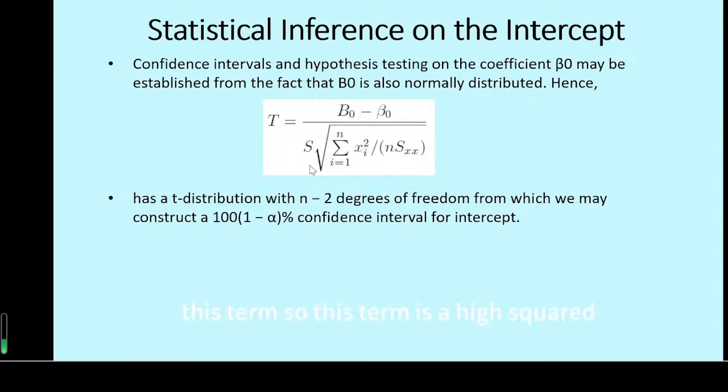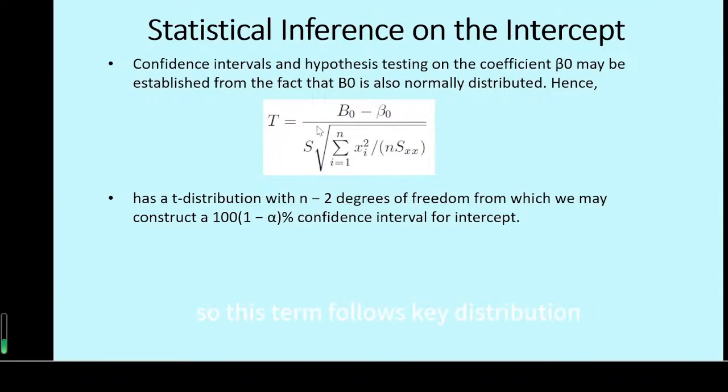This term is the square root of a chi-squared random variable divided by its degrees of freedom. Although it seems a little complicated, it is a standard normal distribution divided by the square root of a chi-square distributed random variable over its degrees of freedom.